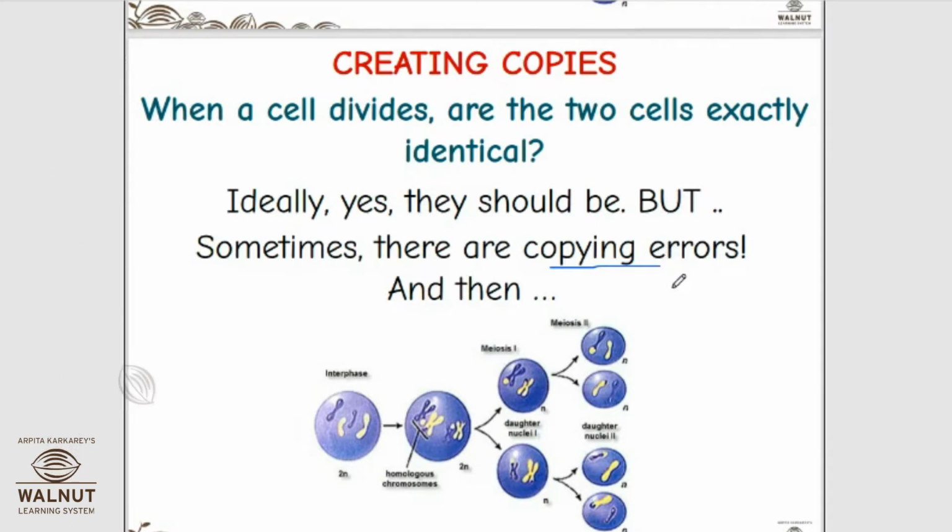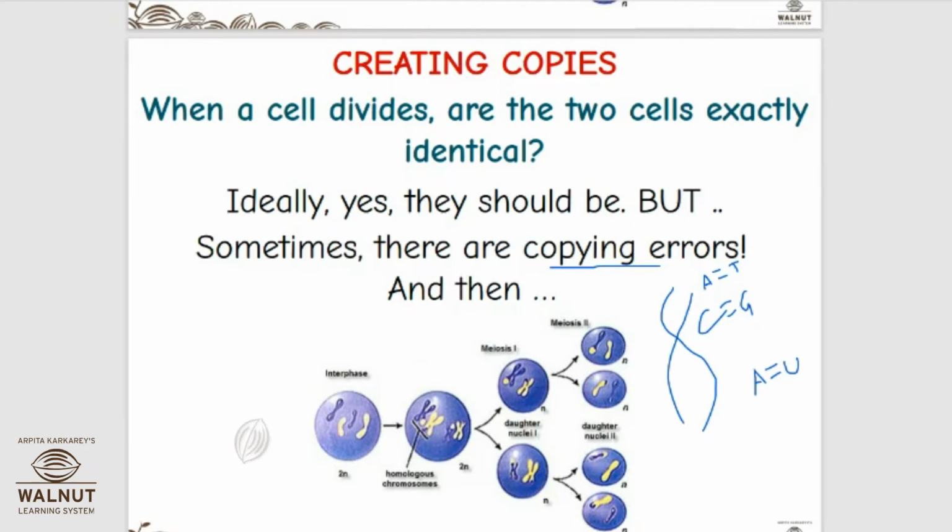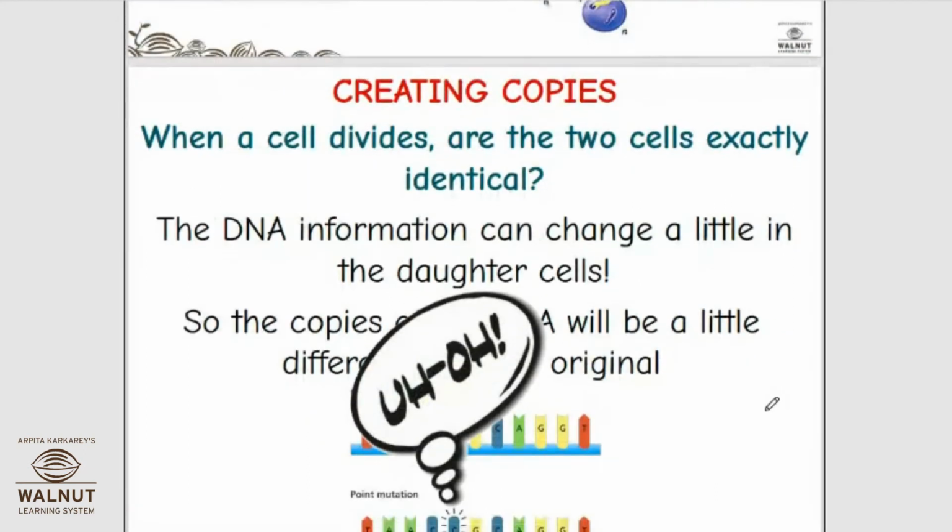Suppose, as I said, in higher classes you will read, earlier here it was A which was paired with T, these are some bonds, and C which was paired with G. In DNA copying, you saw A is now paired with U and maybe some other sequences following. That is how errors arise or some change takes place. And in that case, variation occurs.